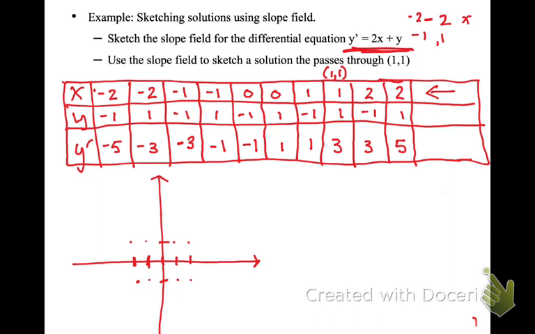So, mine's kind of small here. I wish I would have drawn it bigger. But at -2, -1, the slope is -5, correct? I don't really know what -5 looks like, but I know that -5 is steeper than -3, which is the next one. So, if this is -5, then this has to be -3.